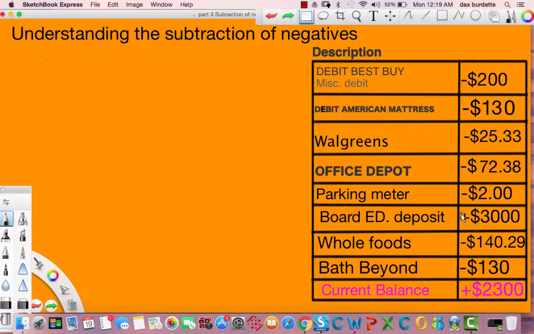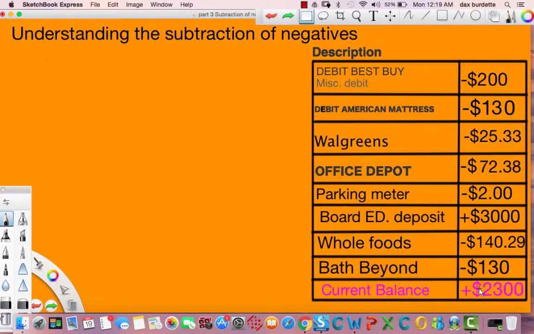Now, notice right here, I didn't have a debit taken out of my account, but I had a deposit put into my account. Don't ask me if this is how much I get. All right, so this is not a debit. This is a deposit, so this was put into my account. And if we look down here at the bottom, notice it says current balance. We're going to assume that this represents all of my account.